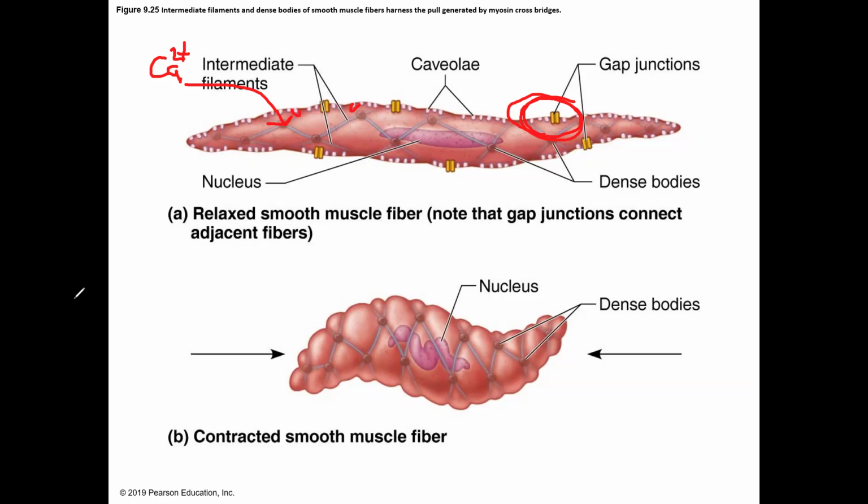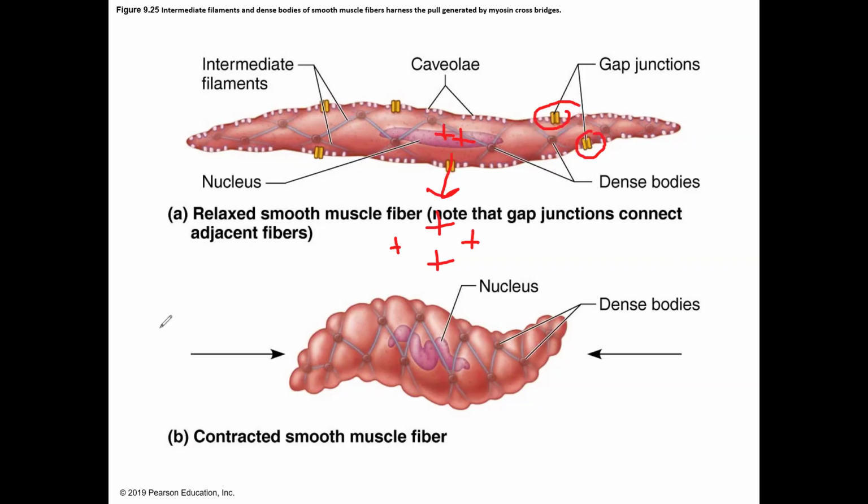Smooth muscles also have proteins called gap junctions that will connect muscle cells together so that when excitation spreads into the muscle through gap junctions, it can quickly spread to the next muscle, and that causes muscles to contract together rhythmically.